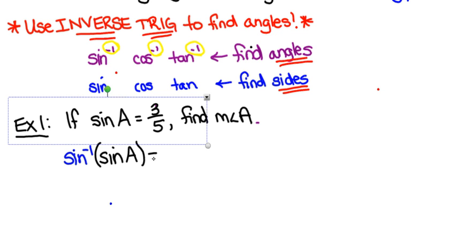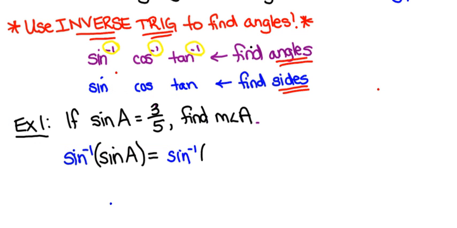And remember back to when you first learned to solve equations, if you do an inverse sine on the left side, you also have to do an inverse sine on the right side. Because rule number 1 of equation solving is whatever we do to one side, we have to do to the other side. And I want you to think about inverse sine and sine as operations that undo one another.